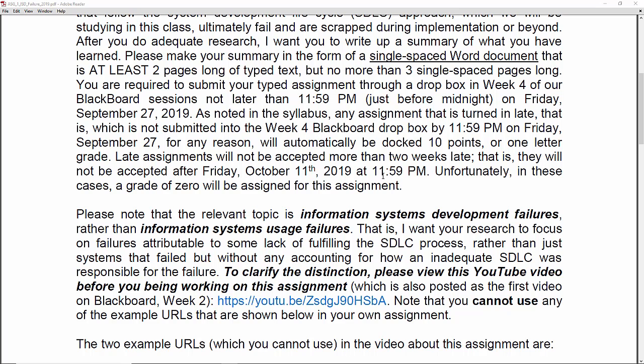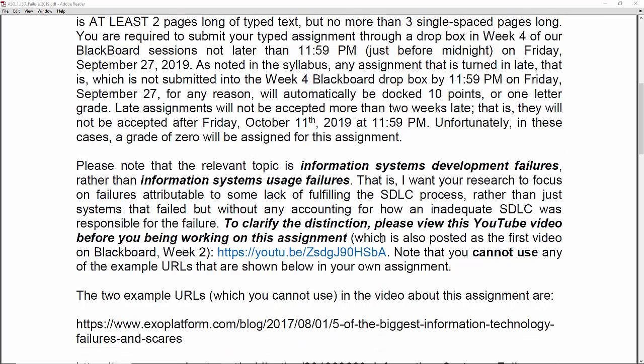But unfortunately, if it's not turned in by October 11th at 11:59 p.m., I'll be forced to assign a grade of 0 to this assignment, as stated in the syllabus.